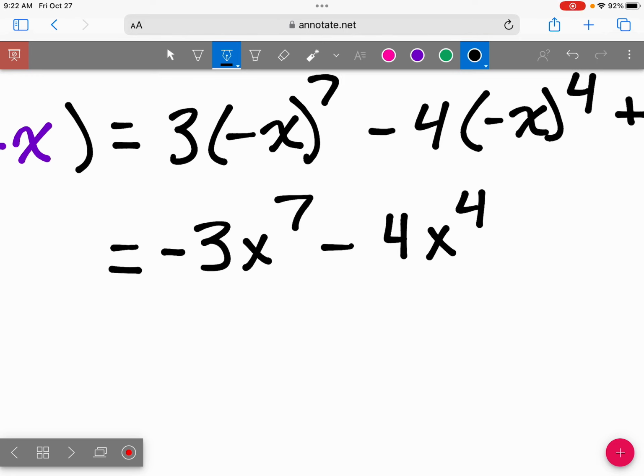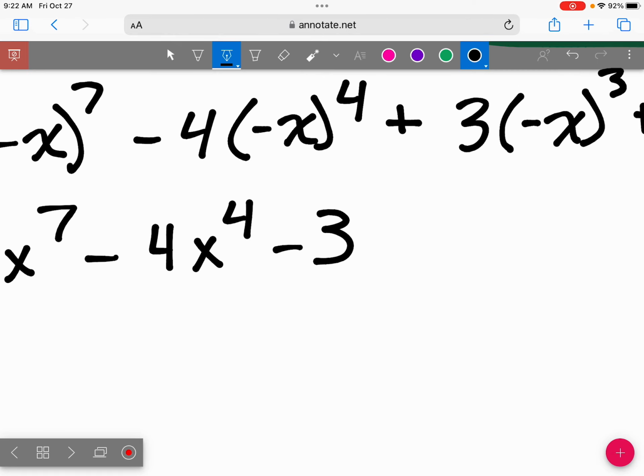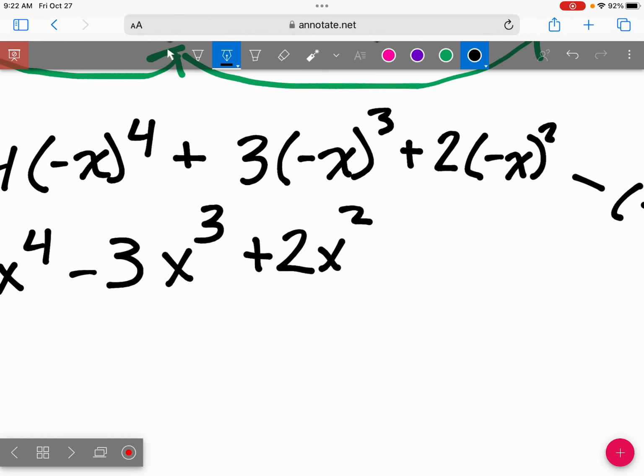How about on 3 opposite of x cubed? It's going to have a minus here. Positive on the 2 times the opposite of x squared, because the sign is not going to change. How about on minus the opposite of x?